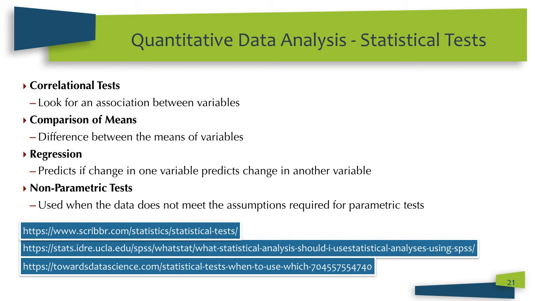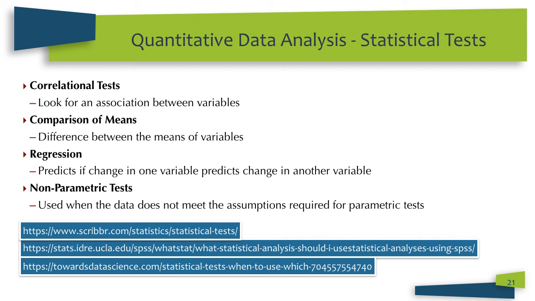So there are many tests which can be used in a particular research, but every test has a particular capability and is used in particular situations. The three links that you see on this slide kind of summarize them. The first one does it in the shape of a table, and the other two do it in the shape of paragraphs.